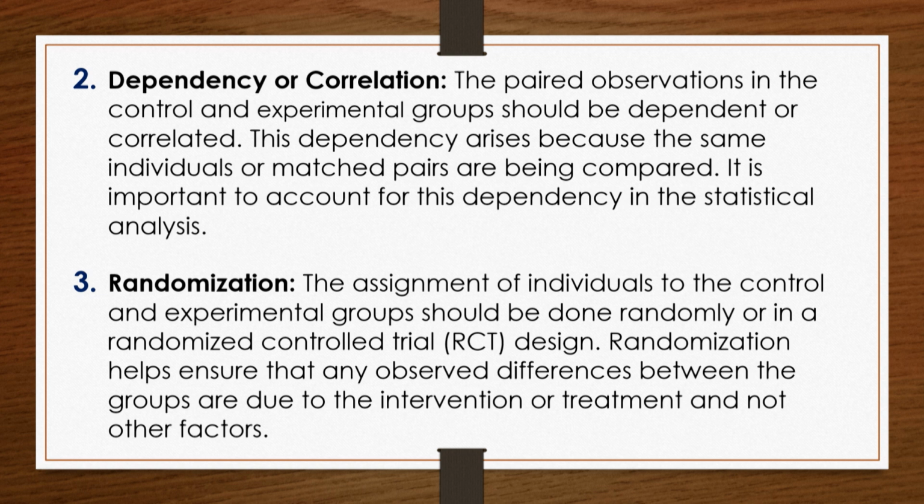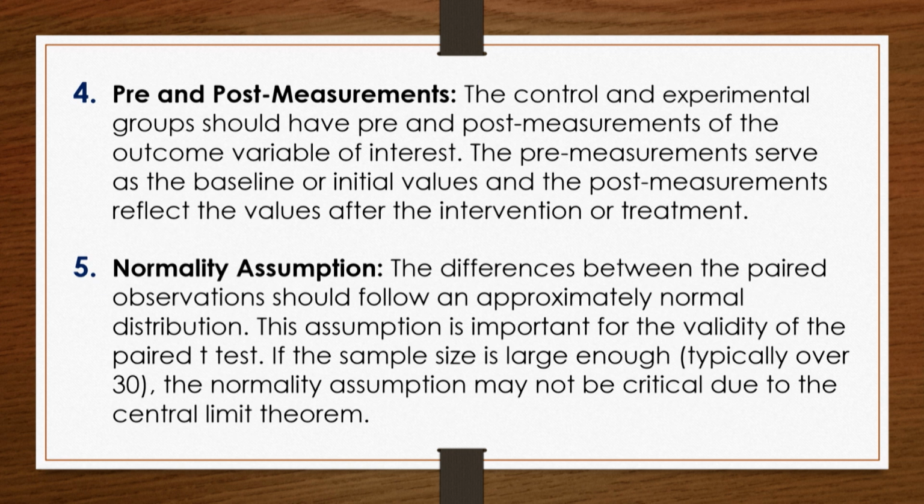Randomization. The assignment of individuals to control and experimental groups should be done randomly, as in randomized controlled trial designs. Randomization helps ensure that any observed difference between the groups is due to the intervention or treatment and not other factors. Pre and post measurements.